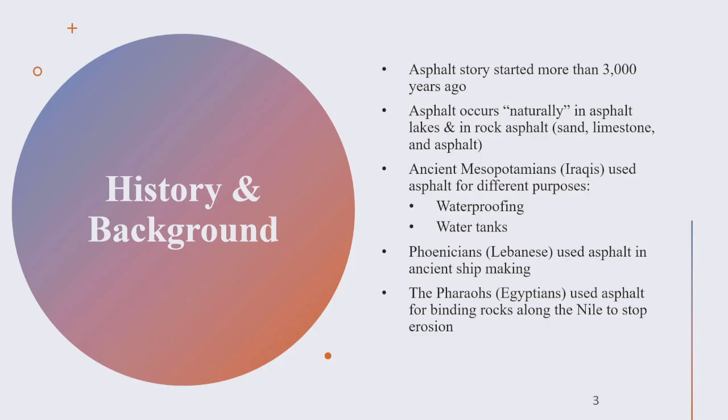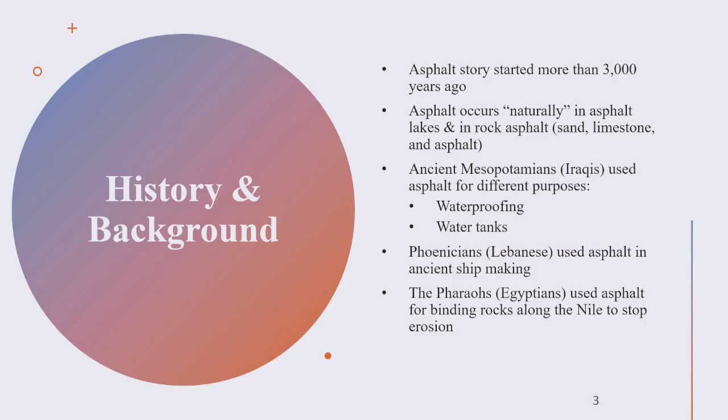Then the Lebanese used it for ship making. It's basically, again, for insulation. So far this use, hundreds or thousands of years ago, was predominantly for waterproofing and to avoid sinking of baskets or ships.